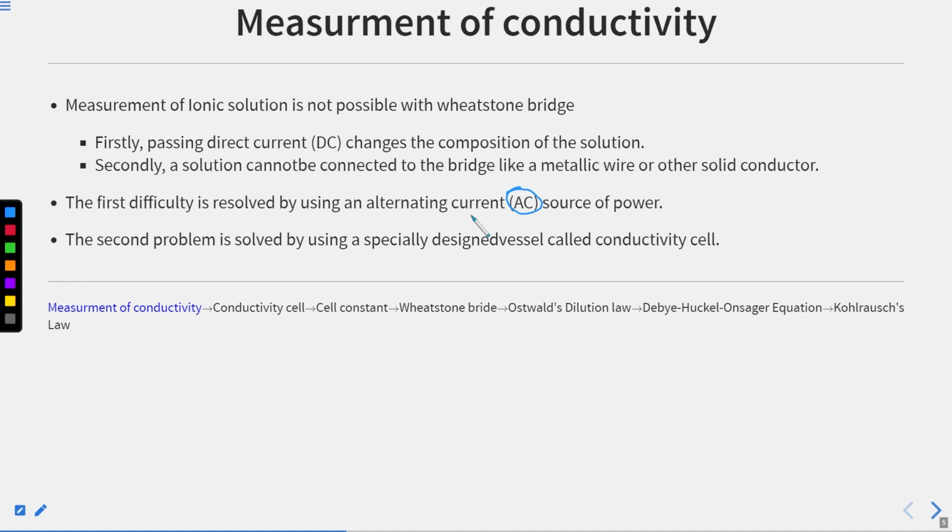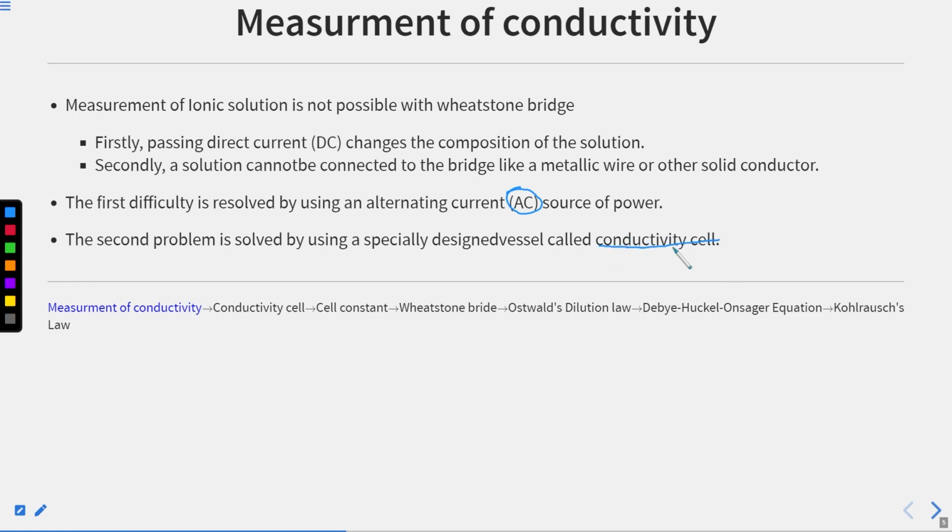The batteries you see all around you are DC, and this is AC, alternating current. This is the current you see in our home and home appliances. What was the second problem? It was the portability of our large cell. So what we did is design something called a conductivity cell.